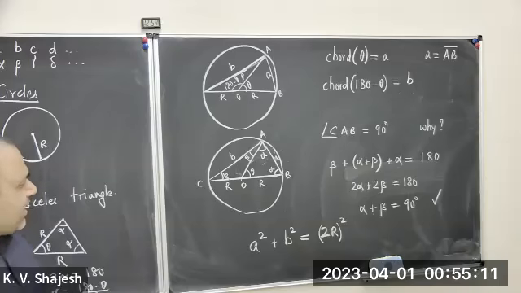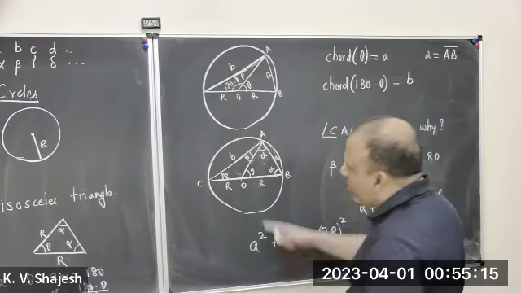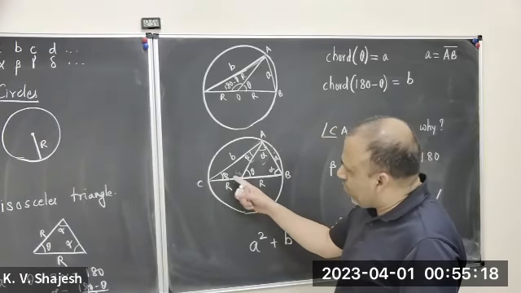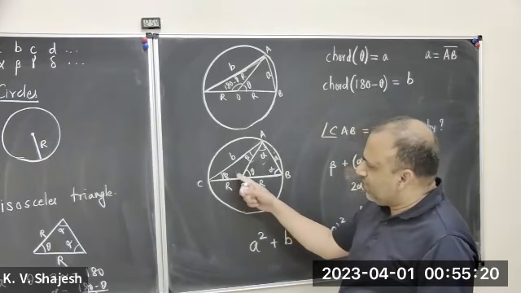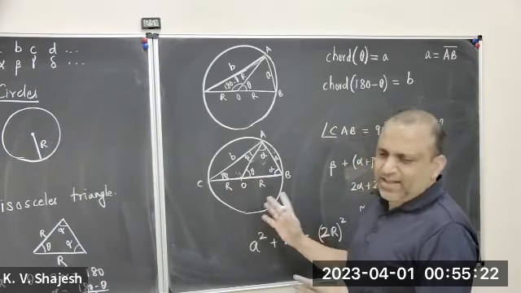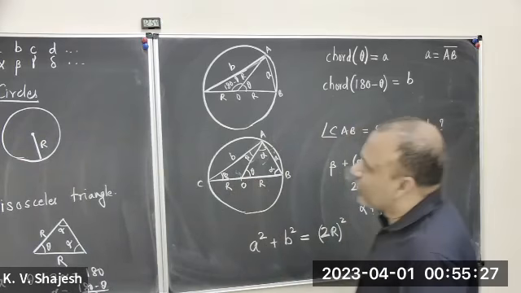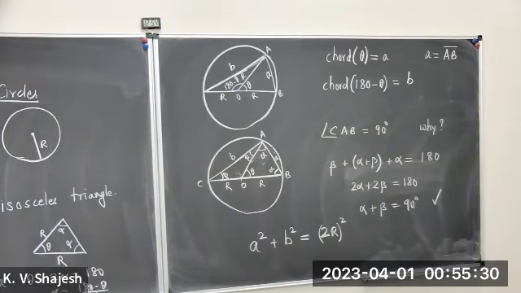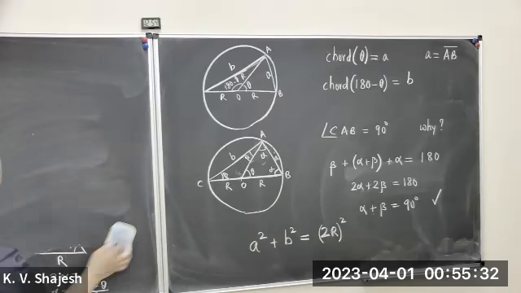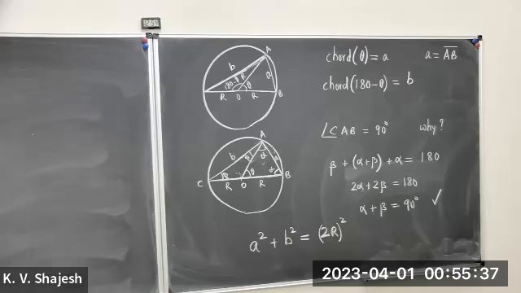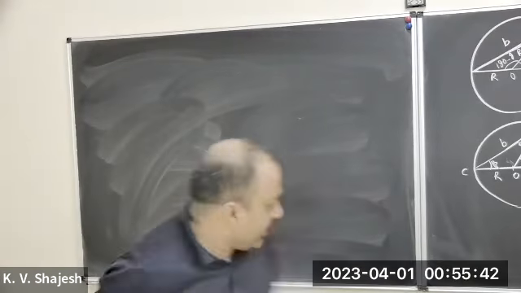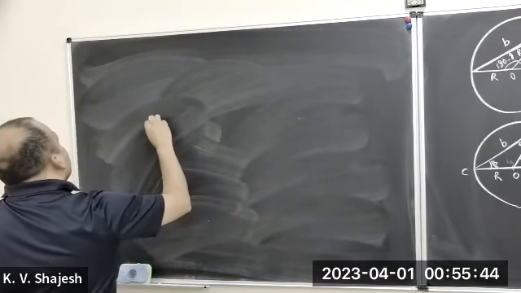There's one more thing we can conclude here, and that is: what about angle beta? What is the connection between beta and theta? Is there any connection to begin with? So let me draw the same diagram again.